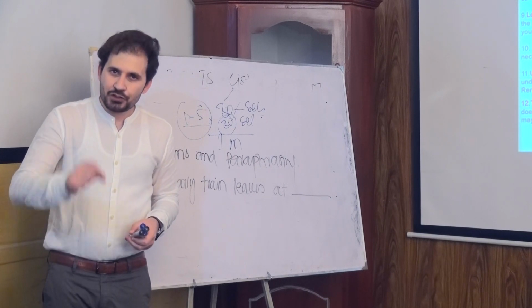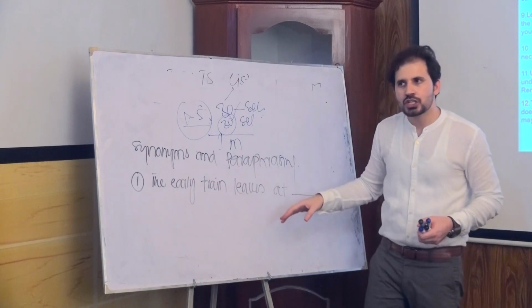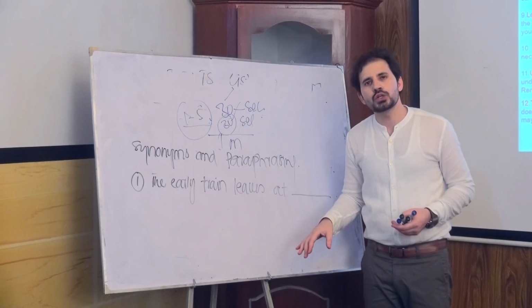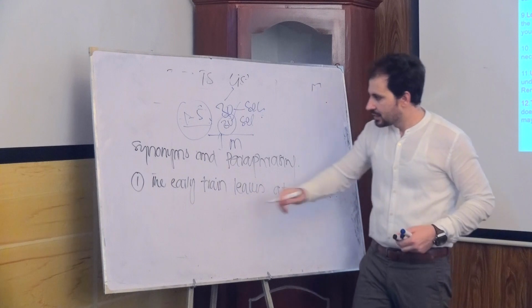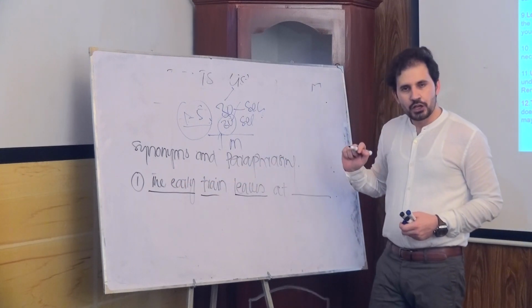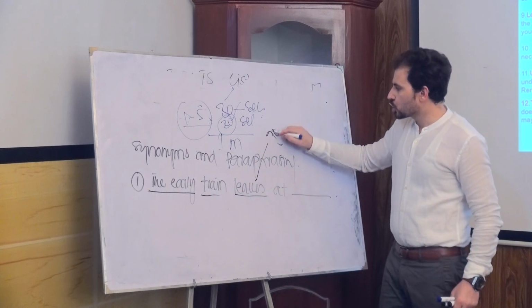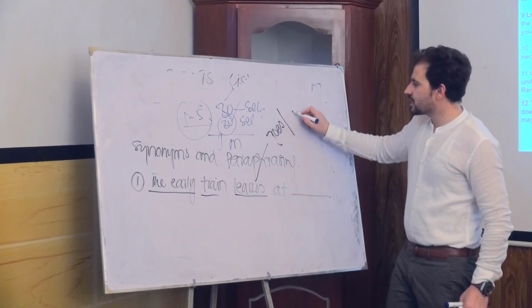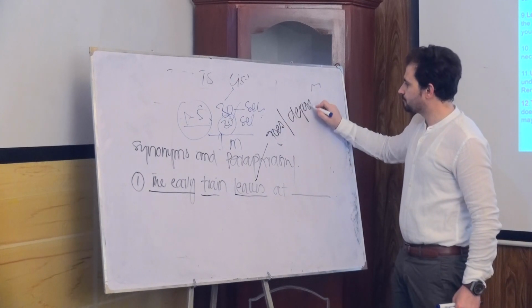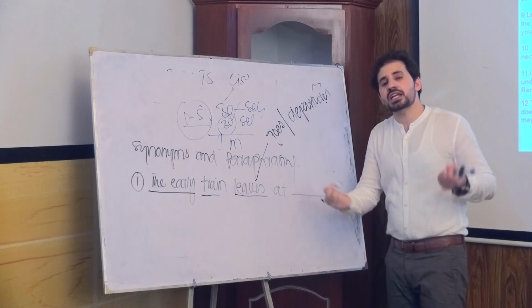But if you keep waiting for the speaker to say exactly these words, it is never going to happen. You need to find out the synonyms. Instead of leaves, they can use goes, or departs. Another word, they will be using synonyms for this.